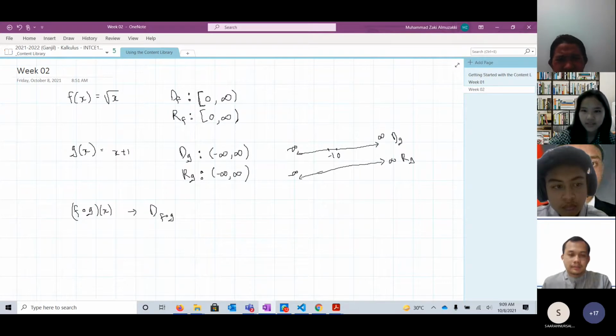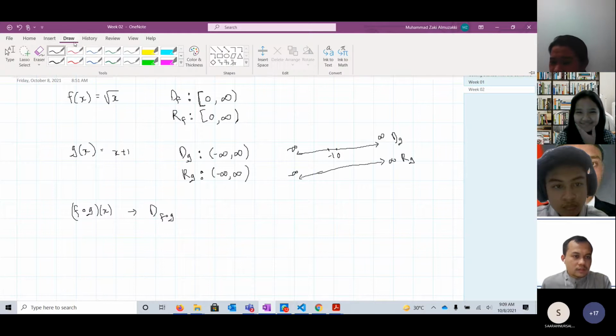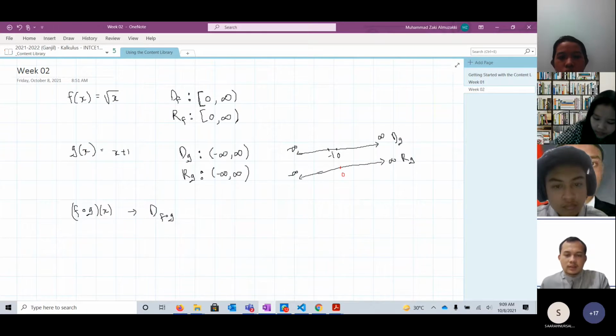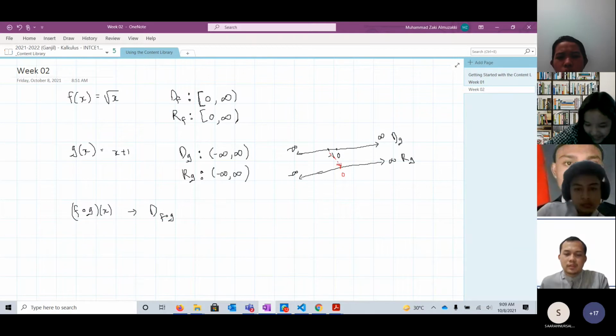Let's take a note here, 0. If we take x to be minus 1, then what is the value of g of x? g of minus 1 is 0. Okay, then let's make this mapping. So minus 1 is mapped to 0 and 0 is mapped to 1 and so on. So it should be like this.